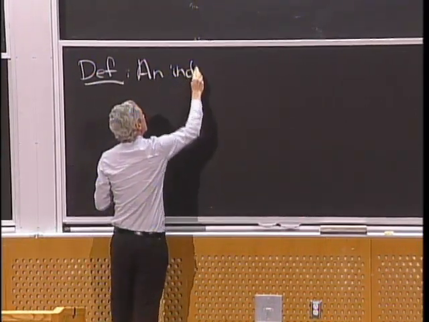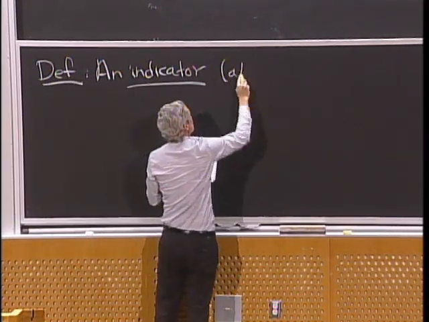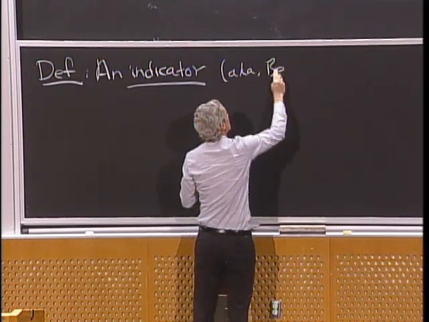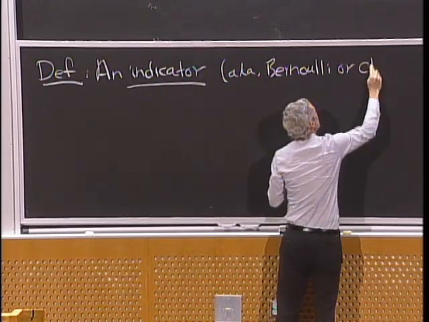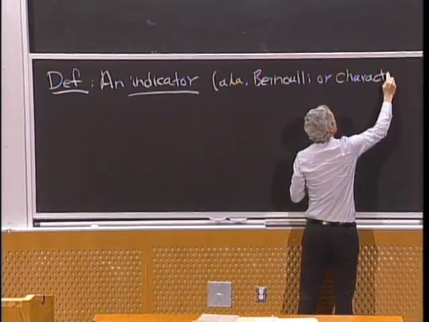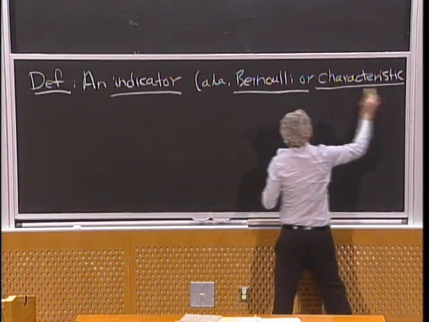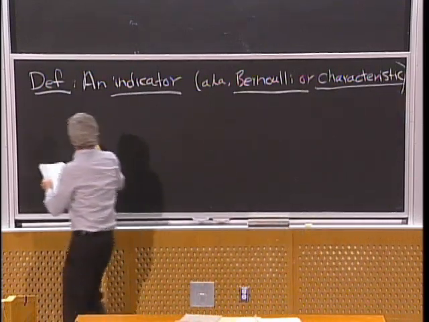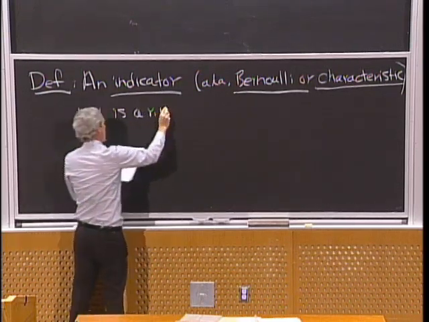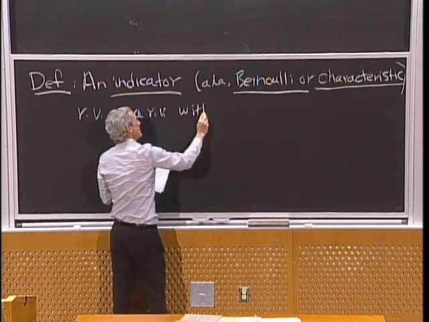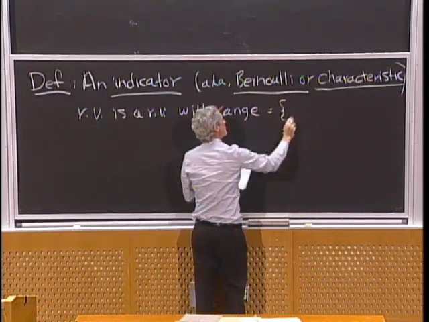An indicator, also known as a Bernoulli or characteristic random variable, is a random variable whose range or possible values is just 0 and 1.